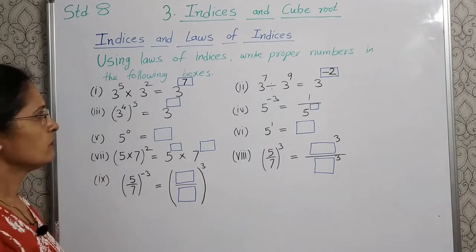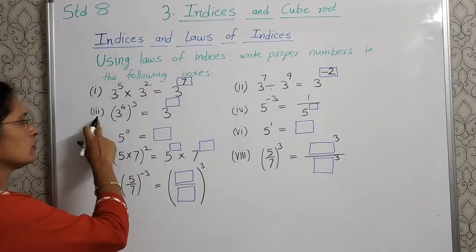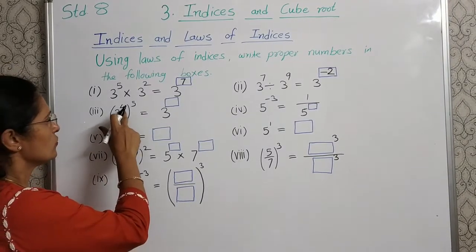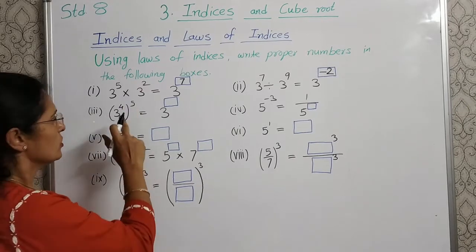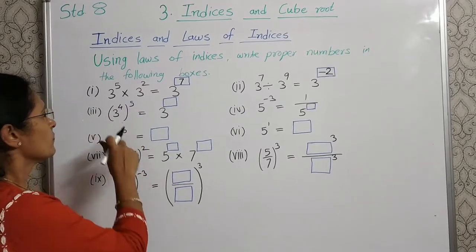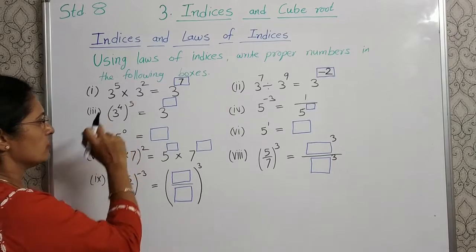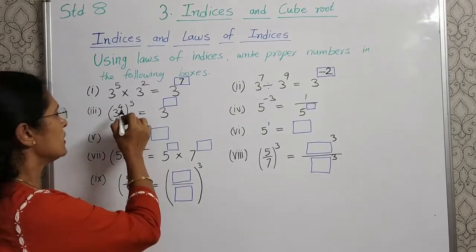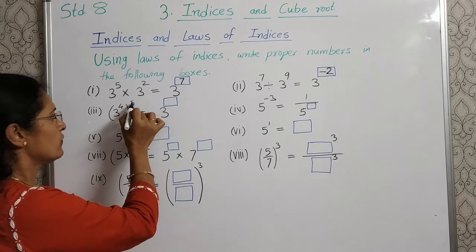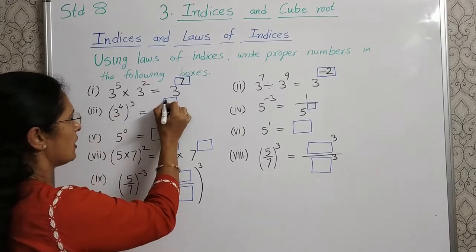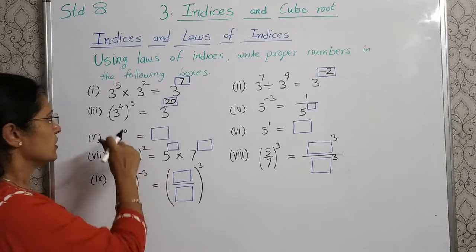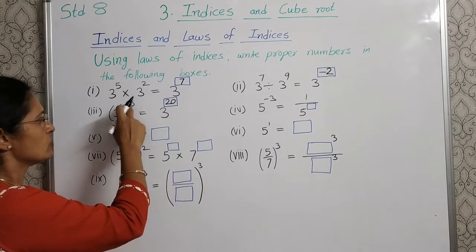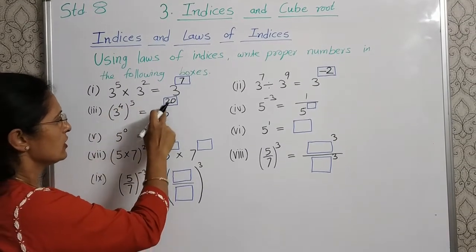So write here minus 2. Next, third, 3 raised to 4 raised to 5. So here we'll use the law a raised to m raised to n is equal to a raised to m into n. So 4 into 5, 4 5s are 20 and here we'll write 20. So 3 raised to 4 raised to 5 is equal to 3 raised to 20.